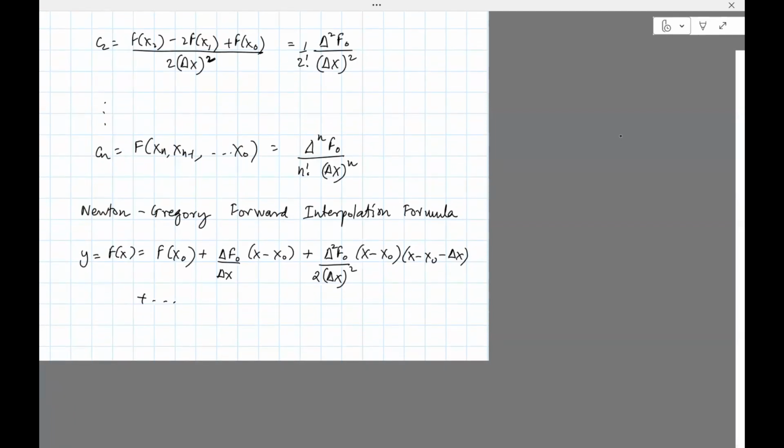And then this keeps going till delta n f0 over n factorial delta x raised to n, times x minus x0, x minus x0 minus delta x, all the way till x minus x0 minus n minus 1 delta x.